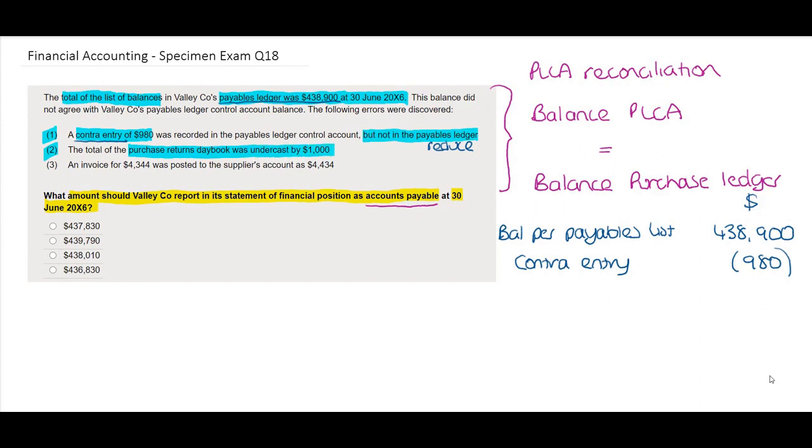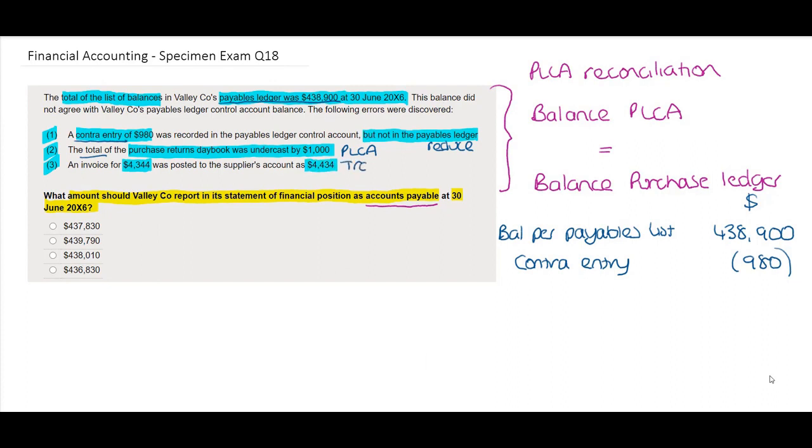The individual credit notes in the purchase returns daybook would have been updated in the payables ledger. However, the totals would have been updated in the general ledger, and so therefore this undercast relates to our purchase ledger control account and therefore does not affect our list. Our third error states that an invoice for 4344 was posted to the supplier's account as 4434.